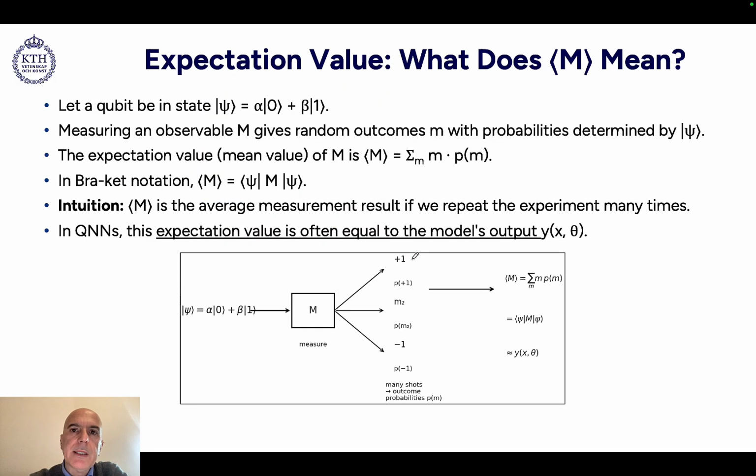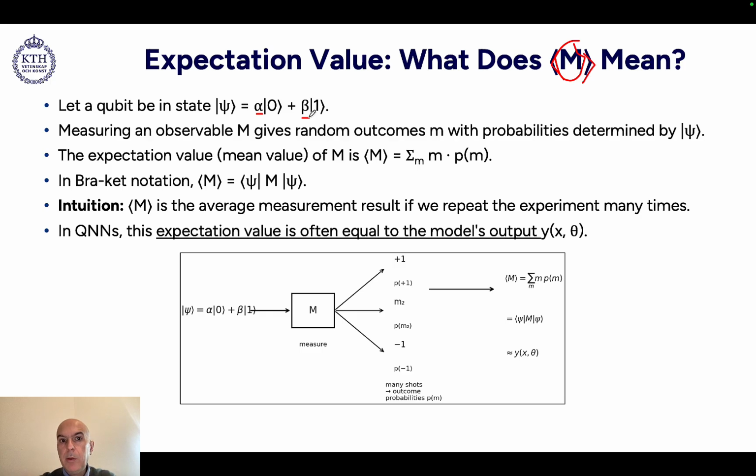The second important concept in this lecture is the expectation value associated with an observable. The expectation value is often indicated with the symbol of the matrix that represents the observable between these angle brackets. So let's have a qubit in the state defined by amplitudes A and B for state 0 and 1.